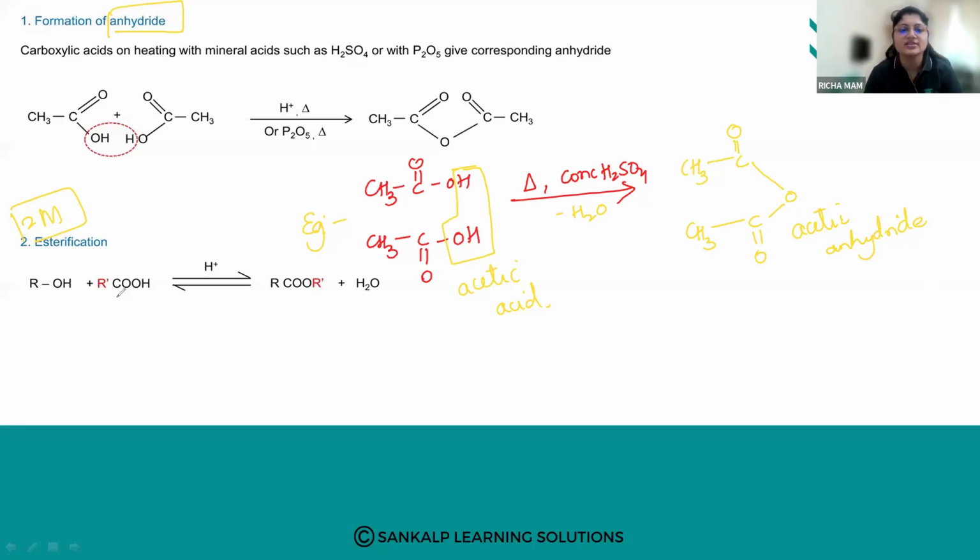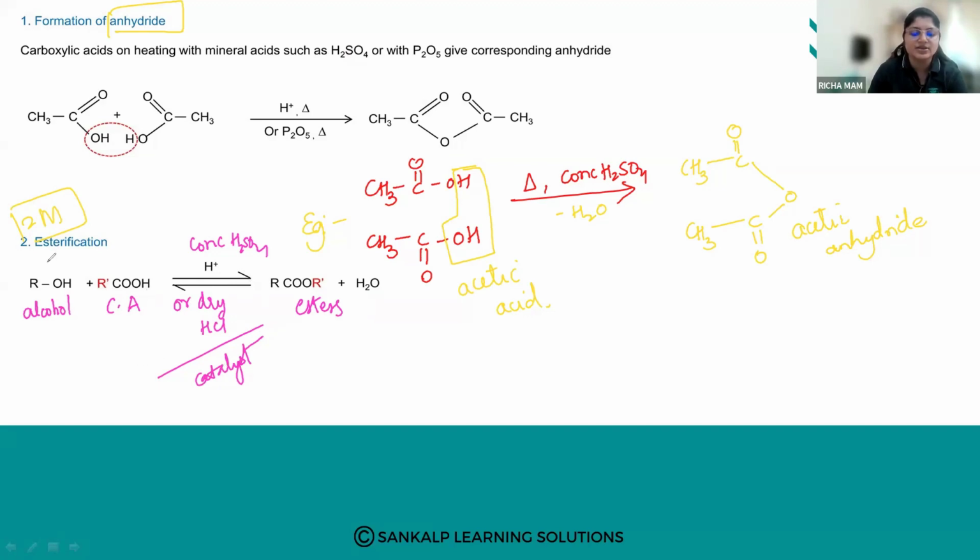When a carboxylic acid reacts with an alcohol in the presence of concentrated H2SO4 or dry HCl, these are used as a catalyst to obtain esters.